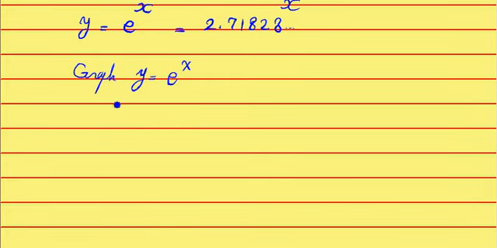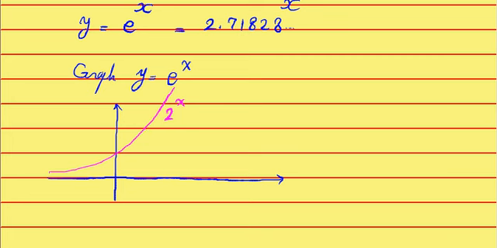Well, we just practiced what the graph of 2 to the power of x looks like. Let's just quickly go over that. 2 to the power of x, you remember, looks something like this. That was a friendlier number. We could say 2 to the power of 0 is 1, 2 to the power of 1 is 2, and so on.